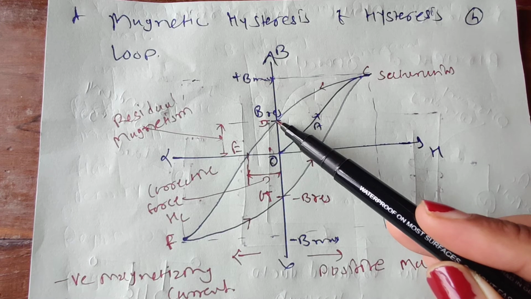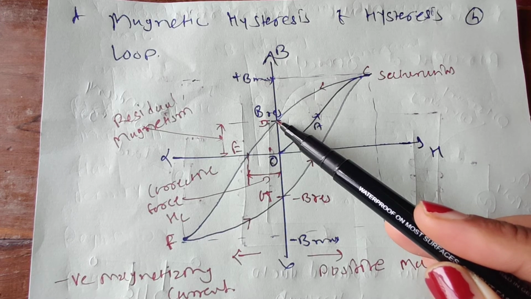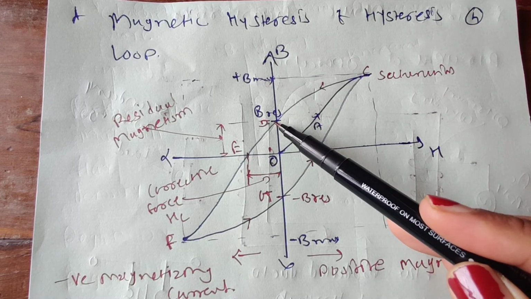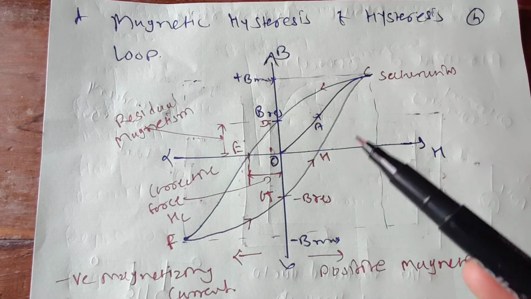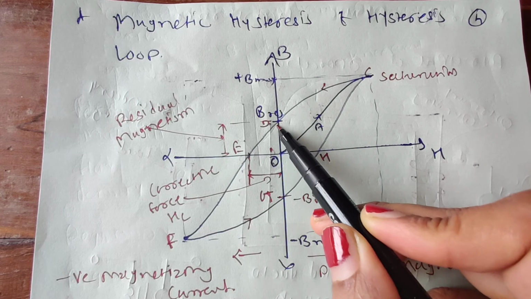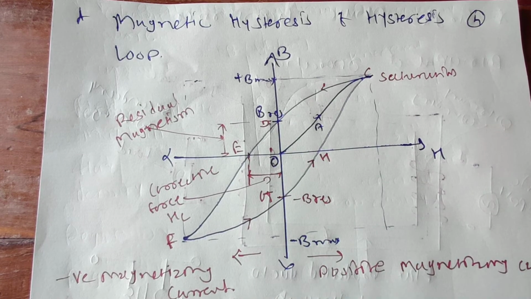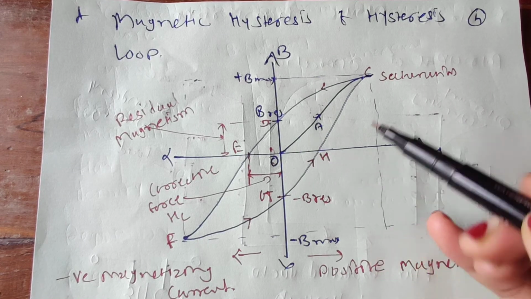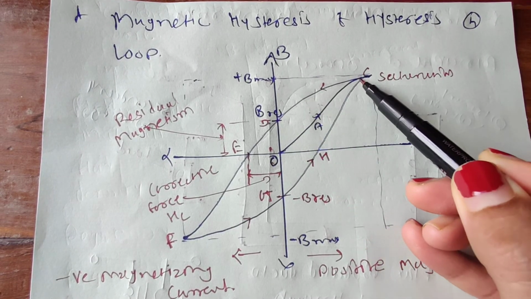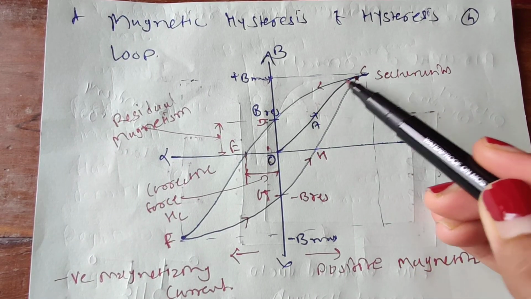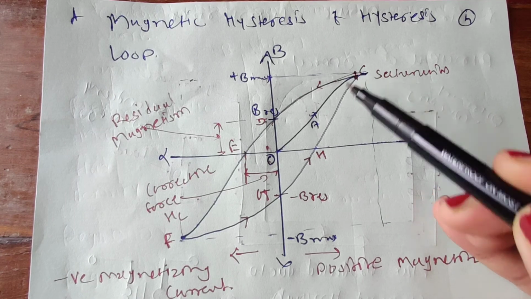When I is equal to 0 and H is equal to 0, there is still some value of B. This non-zero value of B is called the residual magnetism, or B residual. The portion of the hysteresis loop that corresponds to this step is the portion between C and D.